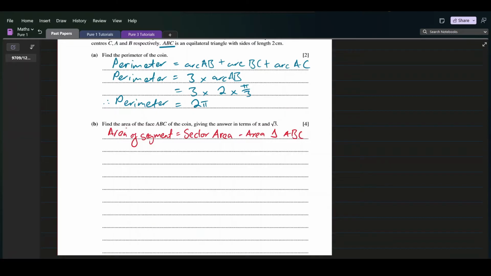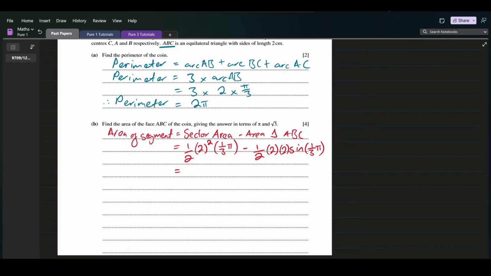Our formula for sector area is half r squared theta. R squared is 2 squared, and then theta is a third pi. And then we can also find the area of our triangle, and we're going to use half AB. In this case, A and B would be 2 times 2 sine C. It's an equilateral triangle, so all the angles would be a third pi. And now let's simplify.